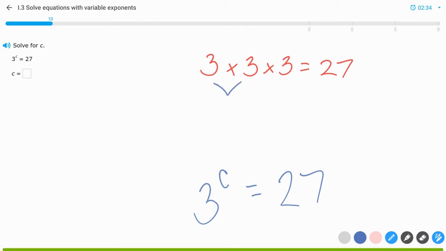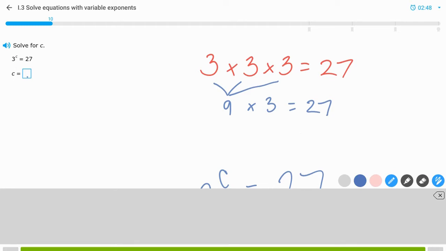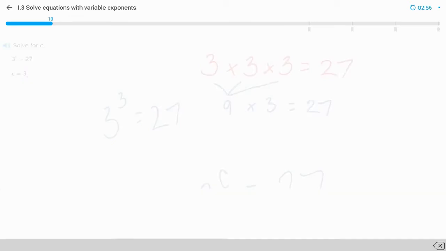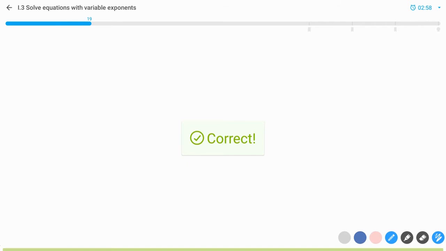I take 3 times 3, that gives me 9. Now I take 9 times my last 3, that gives me 27. That shows me that 3 to the third power is 27. In that box, you're writing what the exponent is.